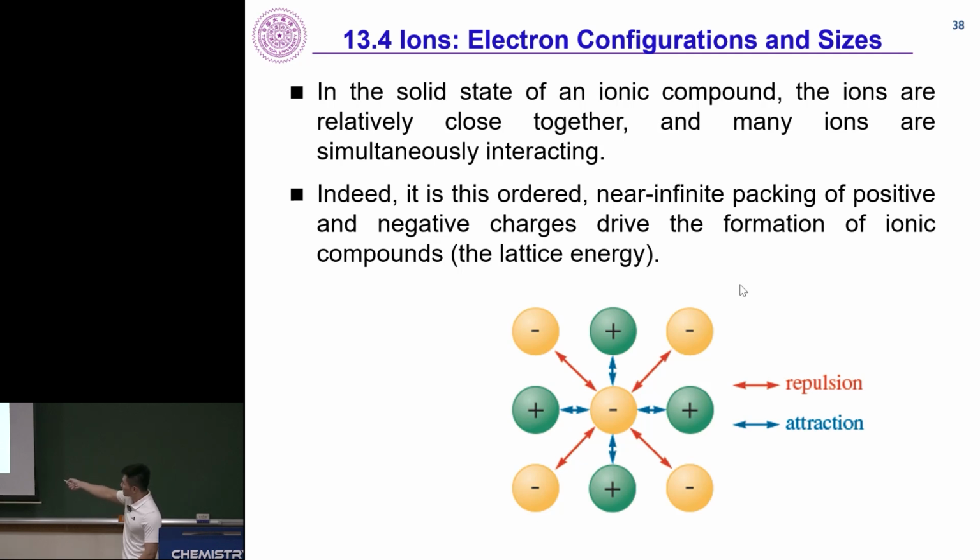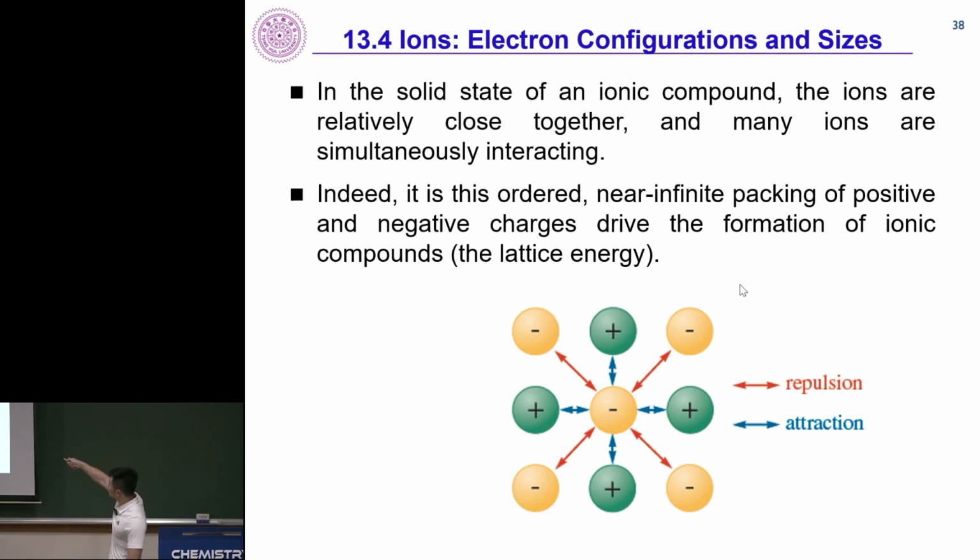And of course, this bond is shorter than this bond, and Coulombic force decays inversely with distance, so the attraction is stronger than repulsion. And indeed, it is this sum of attraction and repulsion that gives more energy into the system that actually finally forms the ionic compound.